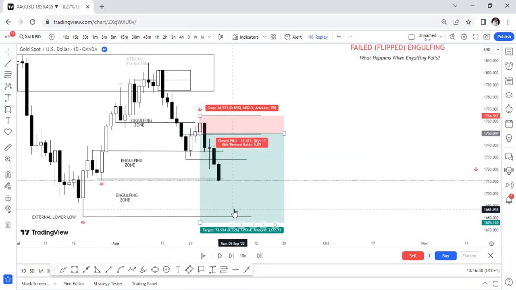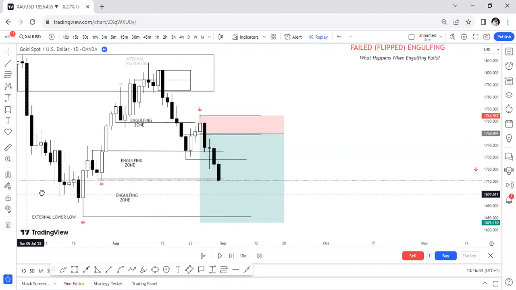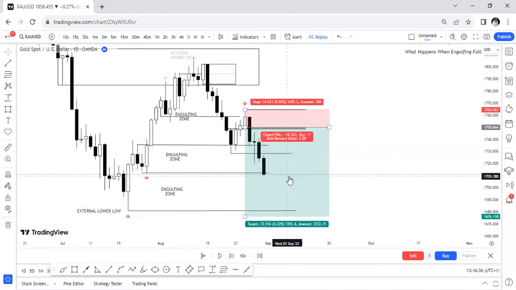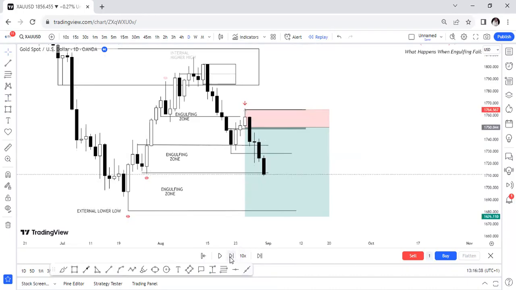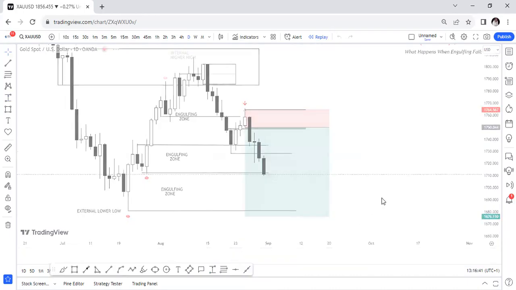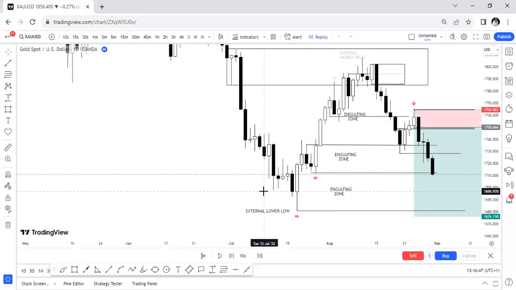So we are looking for price to tap into this place and now move higher, because this is the final external low. So it has come into the zone. Let's see what happens there. Connection is slow.